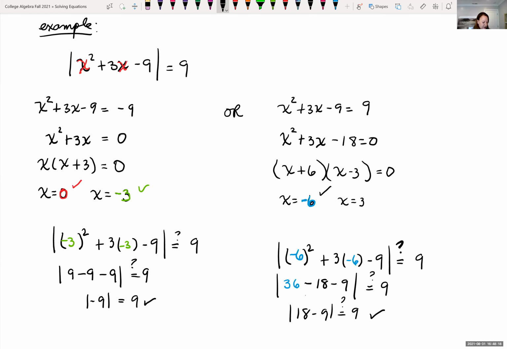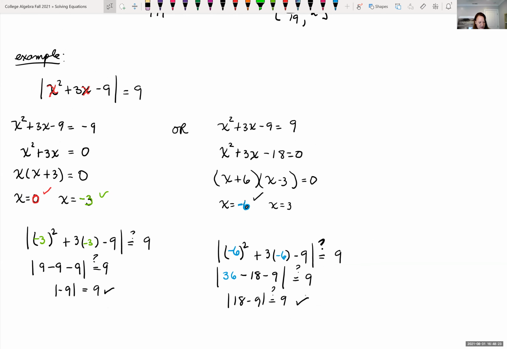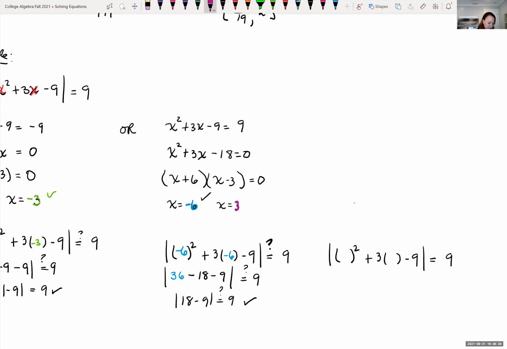The last case we want to look at is when x is 3. So go back to the original equation, put in parentheses wherever you see an x, and then put in the 3 inside the parentheses. So plugging in 3 wherever we see a parentheses and simplifying, we have the absolute value of 3 squared, which is 9, plus 3 times 3, which is 9, minus 9.